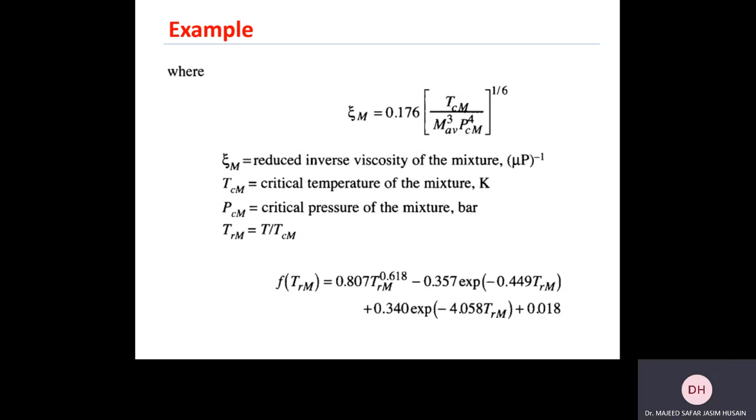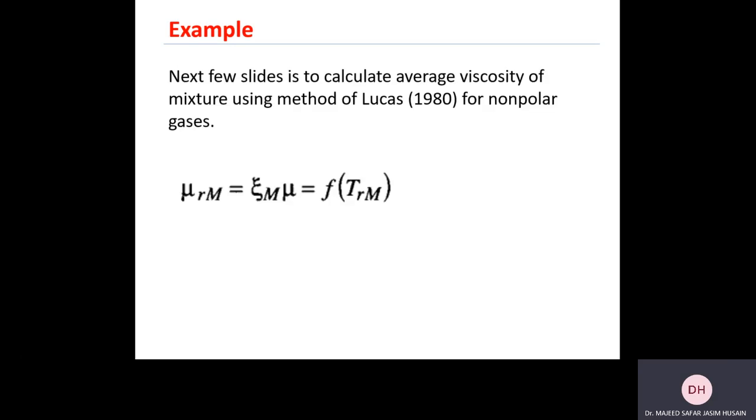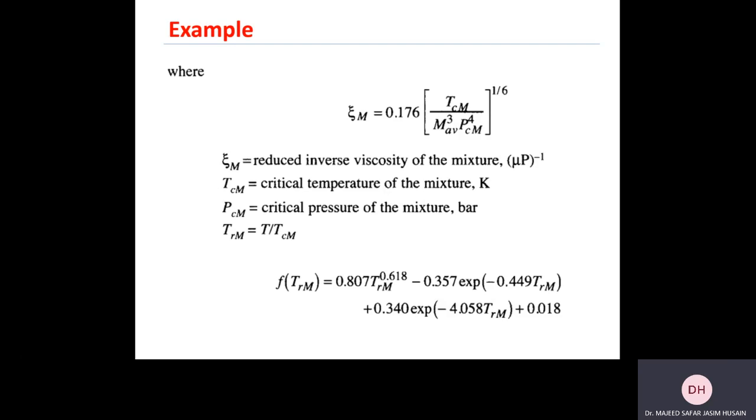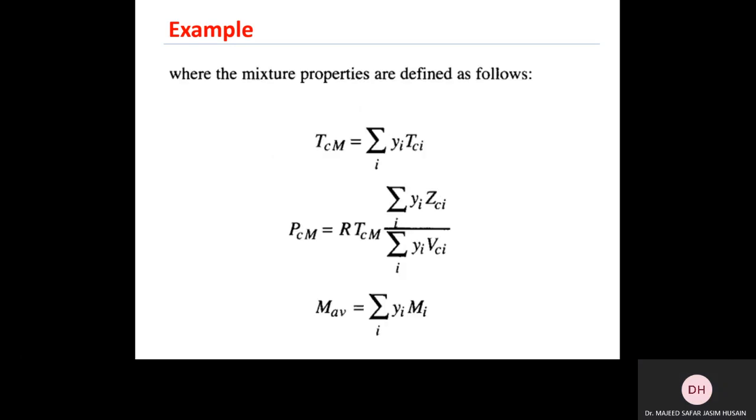Another thing: in the previous equation, there was an F at the end. You can see F of TRM. Basically, you can find it as a function of the reduced temperature of the mixture. If you have the reduced temperature of the mixture, you can find this value. The critical temperature of the mixture is basically the mole fraction multiplied by the critical temperature of that component.